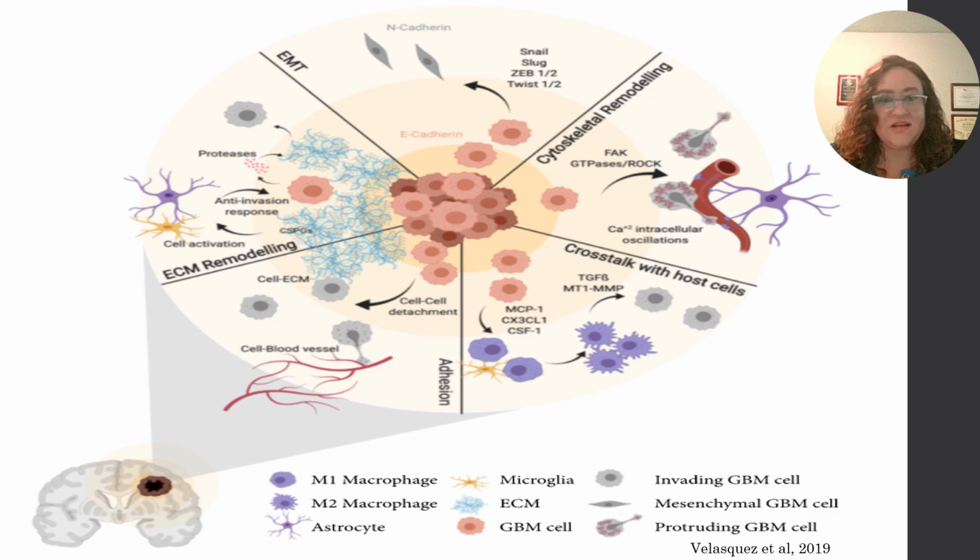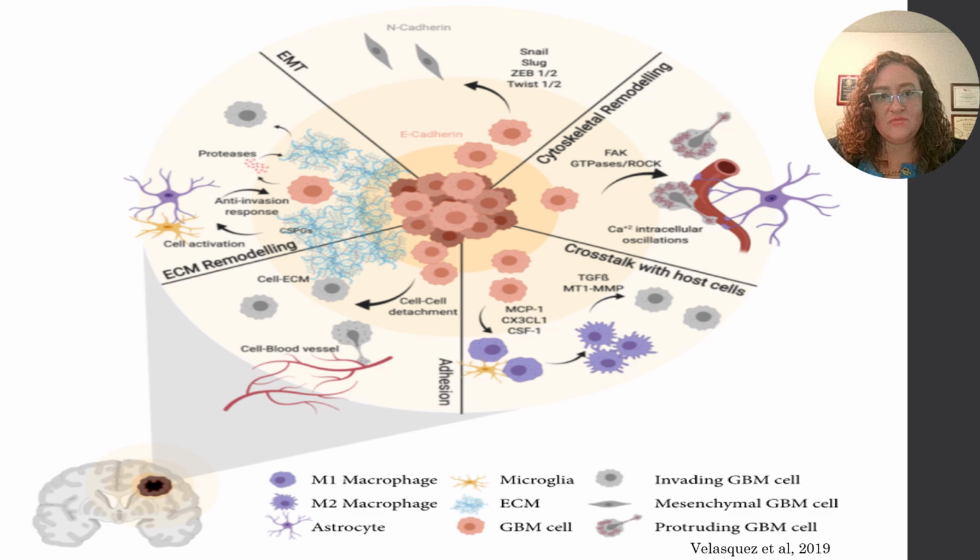And then the various non-neoplastic cells closely interact with neoplastic ones, and they secrete growth factors, chemokines, cytokines, angiogenic molecules, things that induce vascular permeability, and they really create a strong interdependence that just supports and drives that tumor growth.